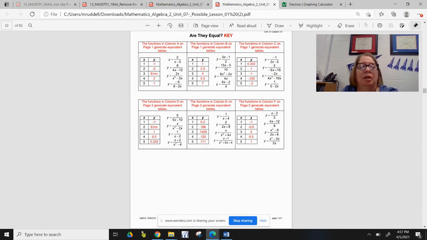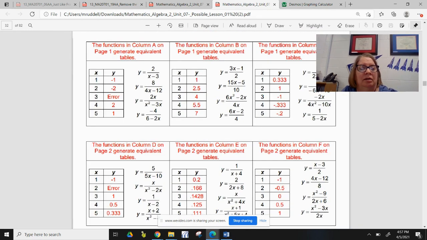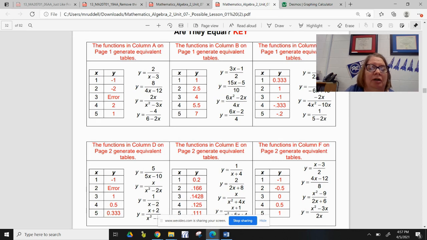Okay. If you're back now and you found all of those tables, you'll see that all of the ones in column A gave you this table right here. All of the functions in column B gave you this one, and column C gave you this one. I don't know if you had a page 2, but all the ones in column A gave you the same answer, same table.